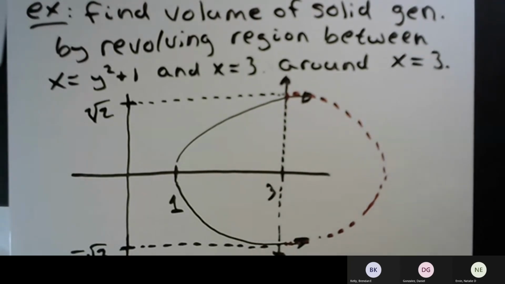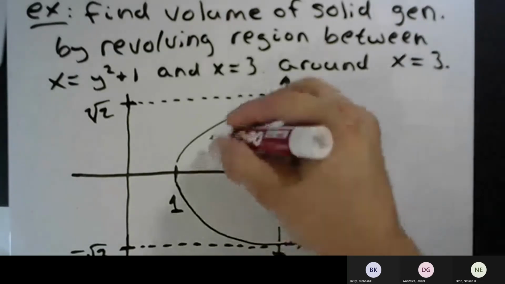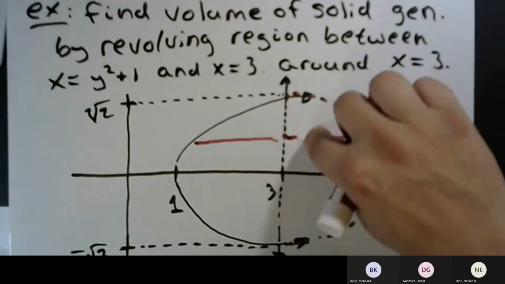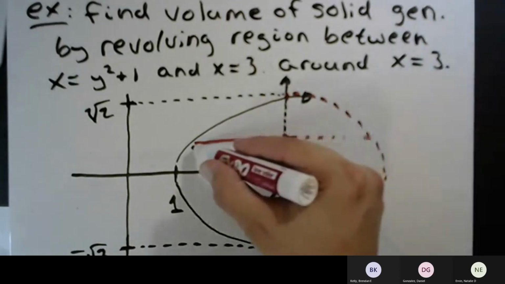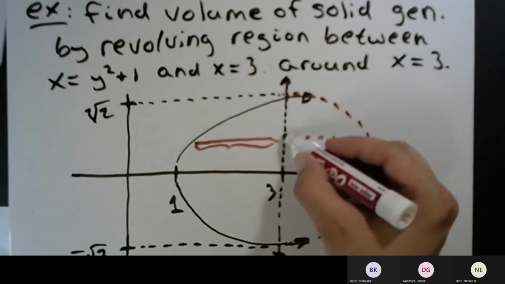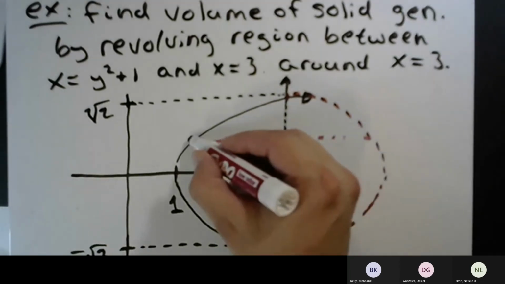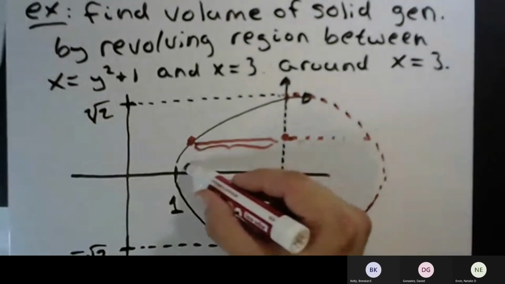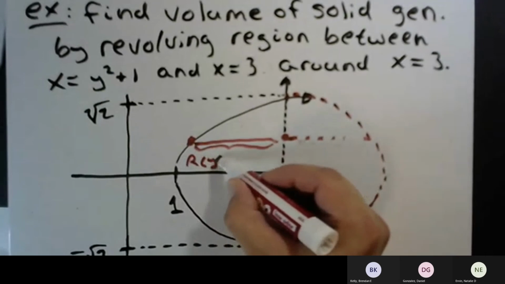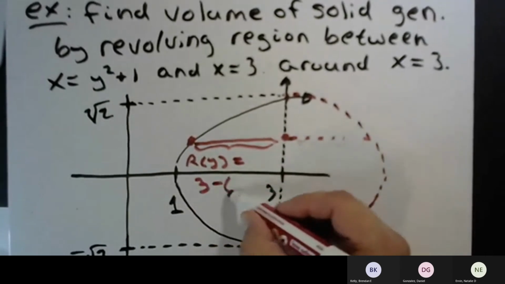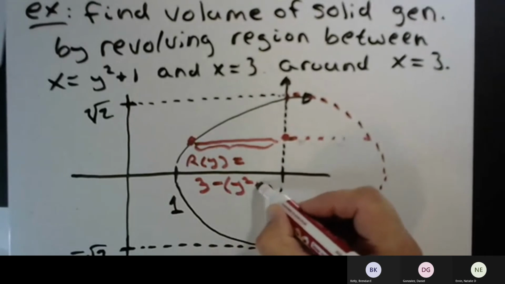So to do this, we're going to come up with a radius. So if this is the diameter, we just want the radius, r of y, or the distance from x equals 3 to x equals y squared plus 1. So r of y is going to be 3 minus y squared plus 1.